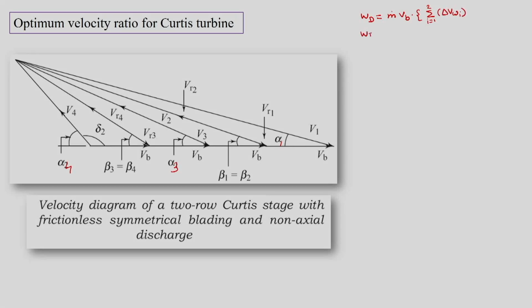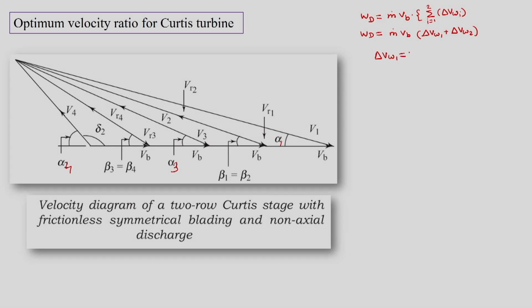So we have Wd is equal to m dot into Vb into (delta Vw1 plus delta Vw2), and we can write down the formula for delta Vw1 and delta Vw2 in this case.